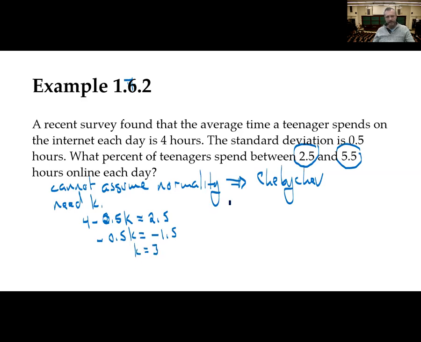And we can play the same game on top. So 4, the mean, plus a certain number of 0.5s, so 0.5k, is going to get me to 5.5. Well, if you solve this, you again get a k of 3. So k is equal to 3.